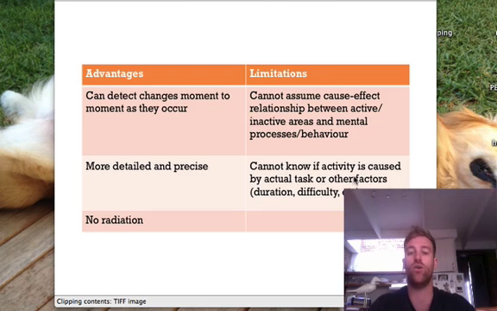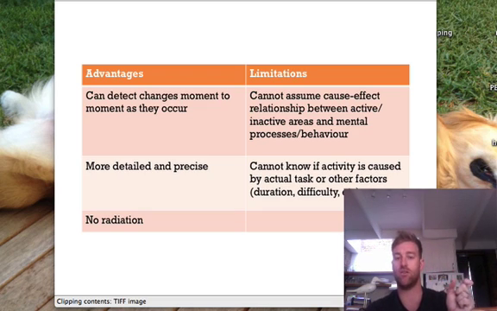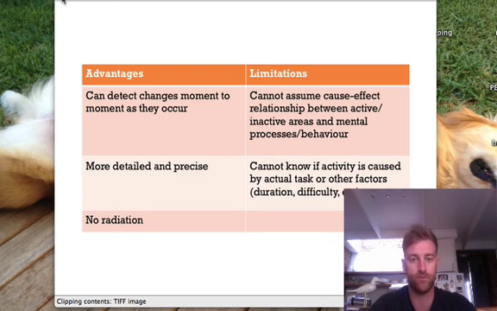Also, we cannot know if activity is caused by the actual task or by other factors. So if one part of your brain lights up, we don't know if that's responsible for your hearing, or responsible for hearing things that are only 30 seconds long. What if you have to hear things over an hour? Not sure. But there are slight limitations. The fMRI is very important in the way of brain research.